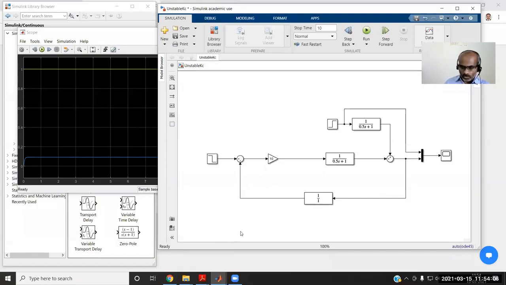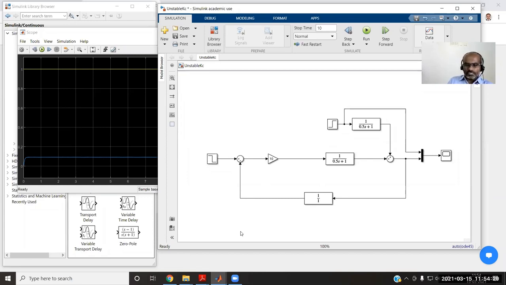Otherwise, we are going to introduce the concept of stability, that is, how unstable conditions come out because of the controller action. Sometimes if we keep on increasing the gain, instead of the system becoming stable, it is leading to unstable conditions.